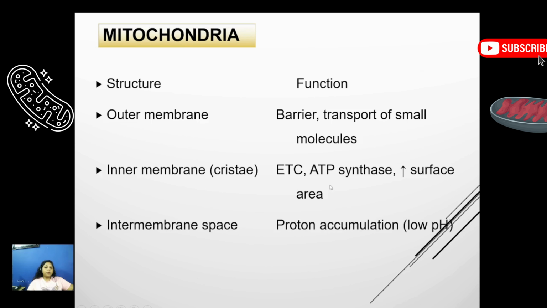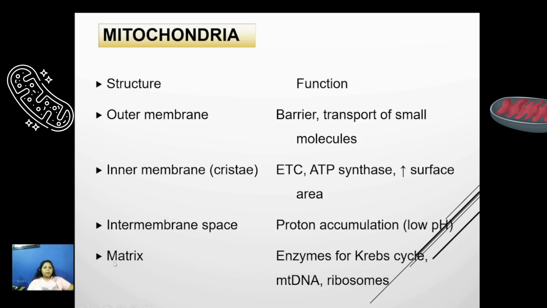The intermembrane space contains the proton accumulation, which helps to produce ATP from NADH, or reduced NAD, and reduced FAD. The matrix contains the enzymes for Krebs cycle. There is mitochondrial DNA and there are ribosomes because it needs to make proteins, as enzymes are proteins as well. So this is all for the mitochondria.